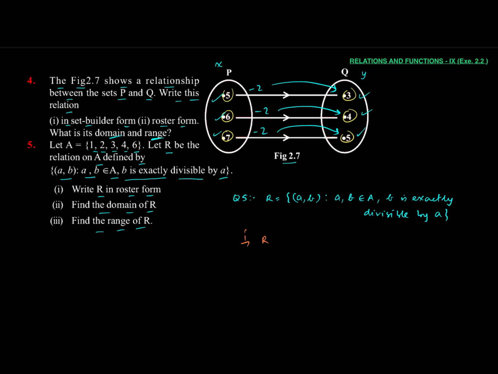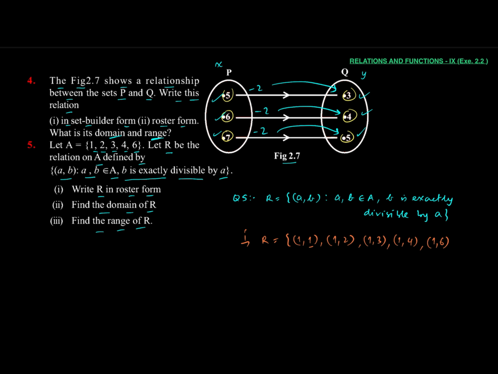So in roster form, this relation will be having elements as the first element is 1 comma 1, the second will be 1 comma 2, as 1 is the factor of every number and itself as well. Similarly, the next element will be 1 comma 3, the next ordered pair will be 1 comma 4, and the next element will be 1 comma 6.